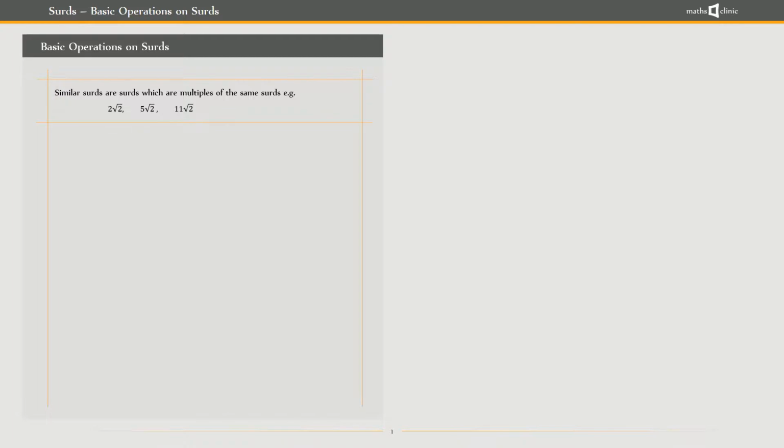Similar surds are very important to performing basic operations on surds, and I'm going to compare operations on surds to algebraic operations. Okay, now watch this.